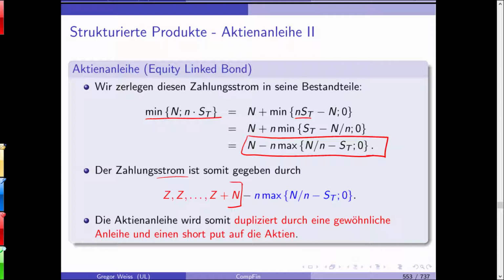And in the end, any cash flow can be represented in such a fashion by a very simple combination of one or more derivatives and a very simple bond or stock.